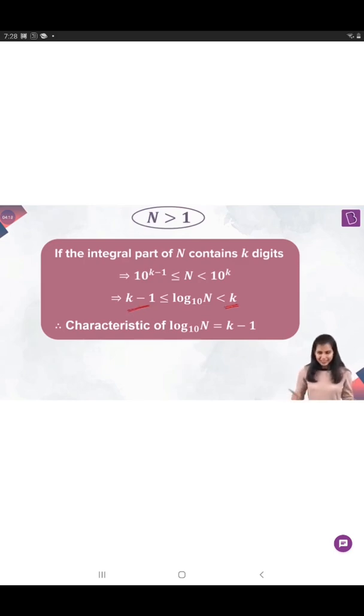That's it. In fact, this is also true in the reverse fashion. What do I mean? Suppose I give you characteristic of log n to the base 10 is 2. Some input n is there whose common log has characteristic as 2. That means this log value will be greater than or equal to 2 and strictly less than 3.